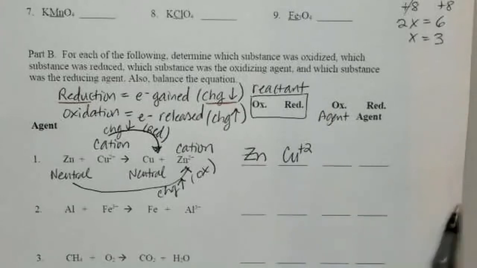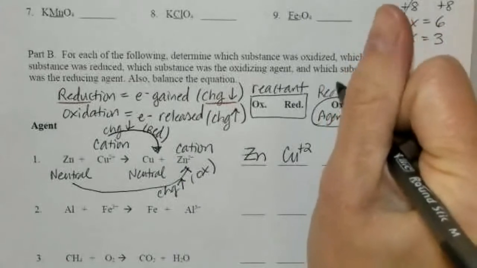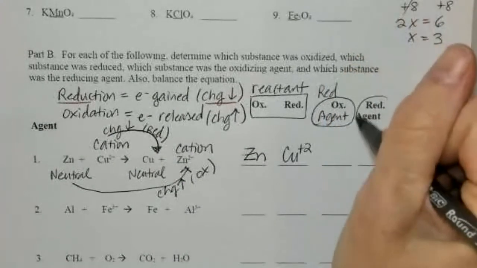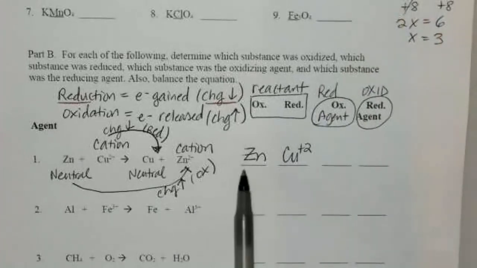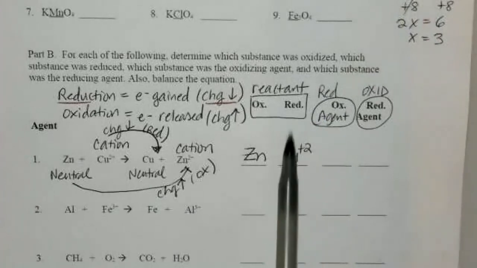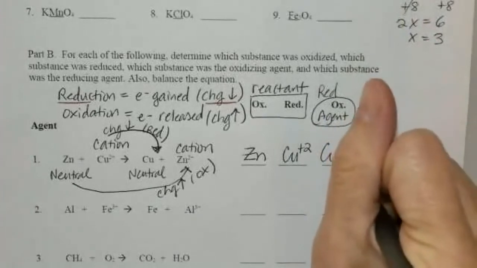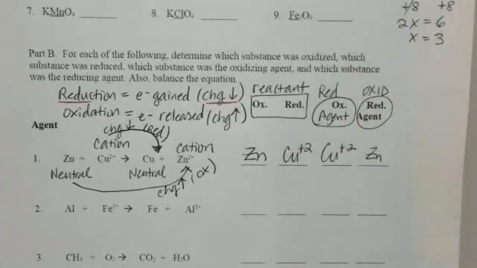So what you want to remember is the oxidizing agent is whatever it is that's reduced. The reducing agent is whatever it is that was oxidized. So you're just repeating these answers, right? Just the oxidizing agent is what is reduced. So that is the copper 2. The reducing agent is whatever was oxidized. So that is the zinc.